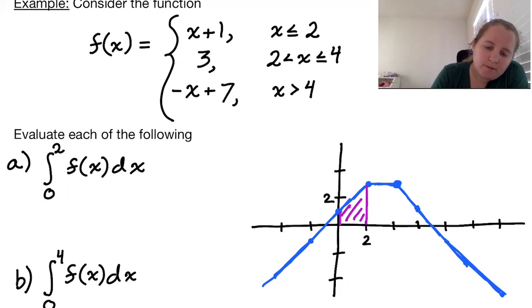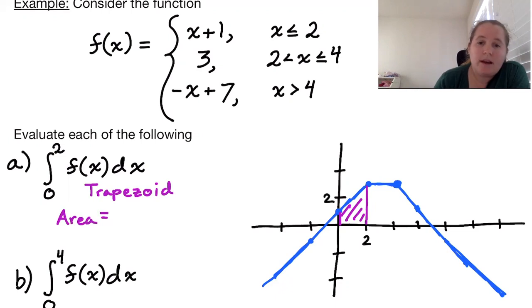It's all positive. So the area is equal to the average of the bases, B1 plus B2 over 2, times the height.